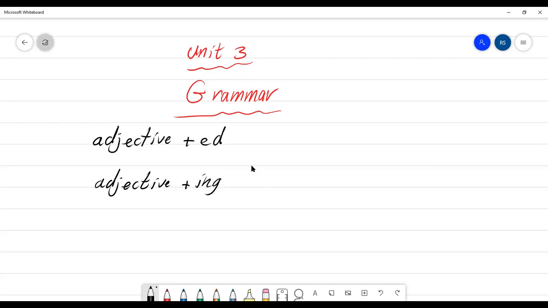Okay, my friends. So we use the past participle and the present participle of a verb as an adjective.